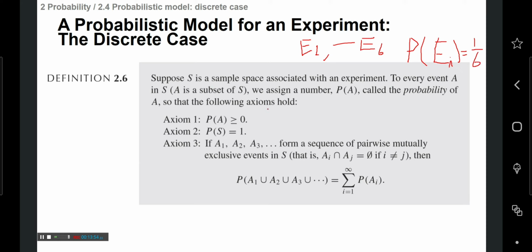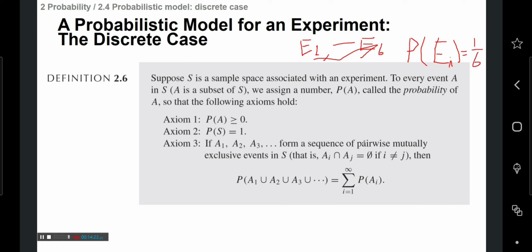So in this case, the probability of an event is greater than or equal to 0. And the probability of S, the sample space which contains everything E1 to E6, equals 1.